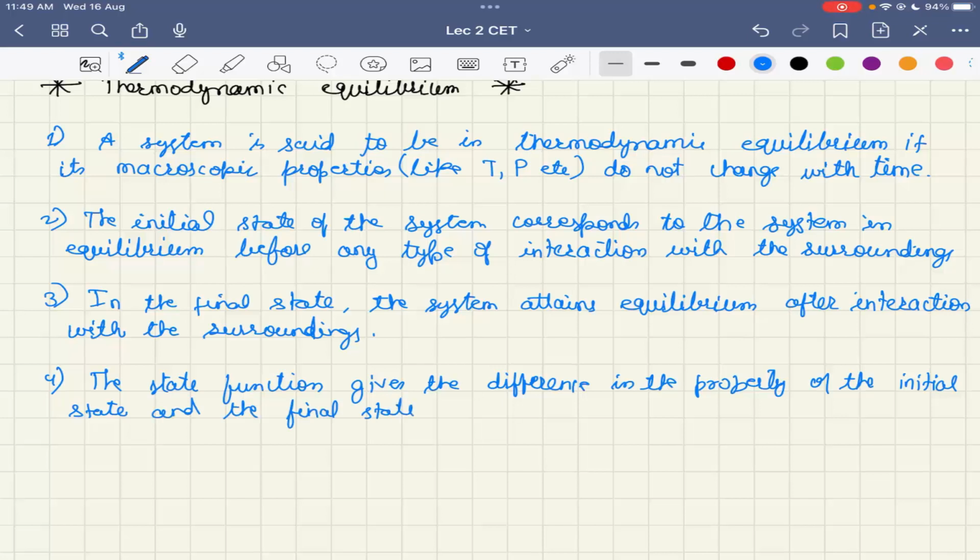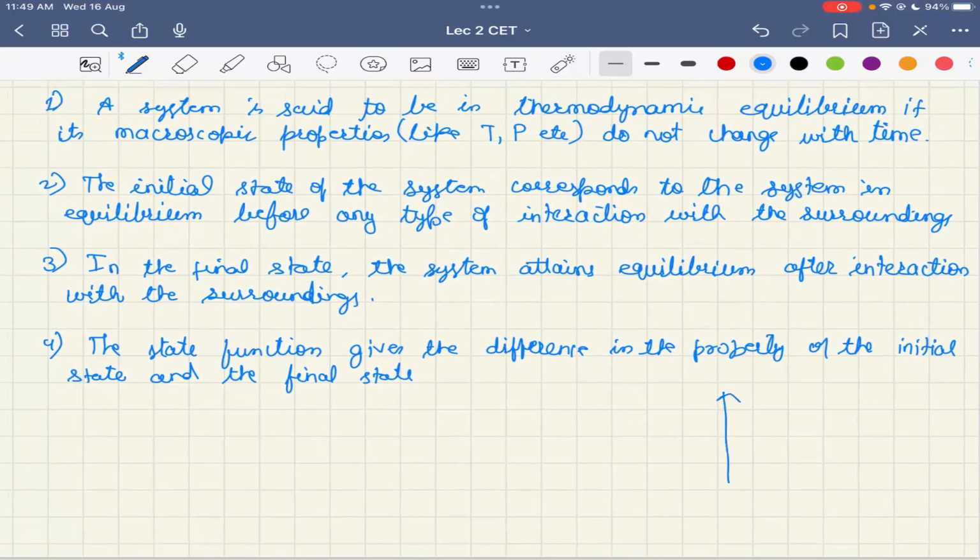Like for example, let us assume that this is a graph which is representing pressure and volume of the system. Let's say point 1 is the initial point, and this is point 2, the final point, and the system is progressing this way.